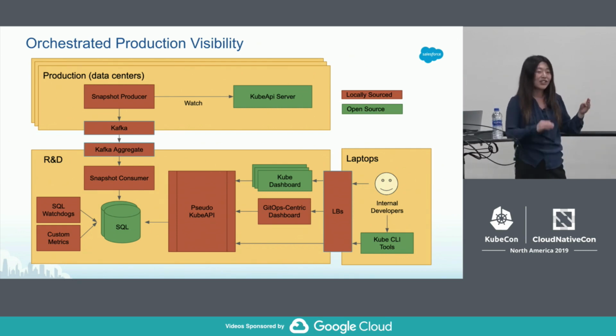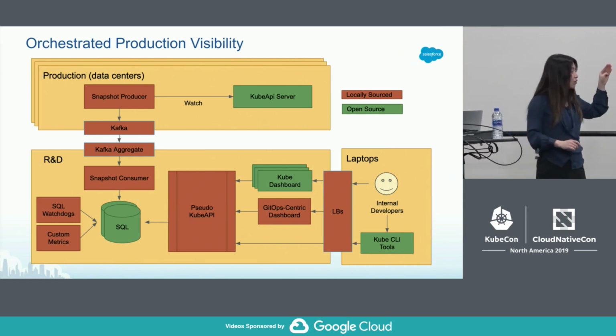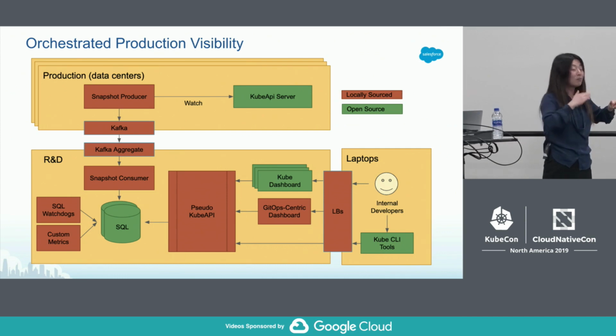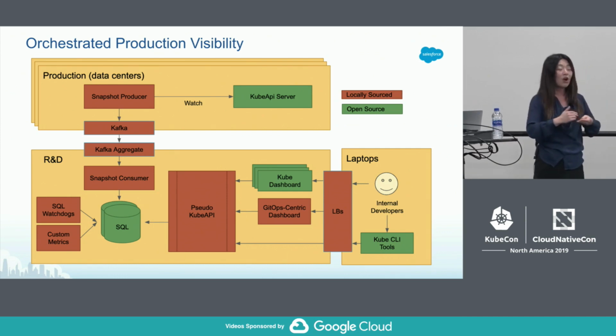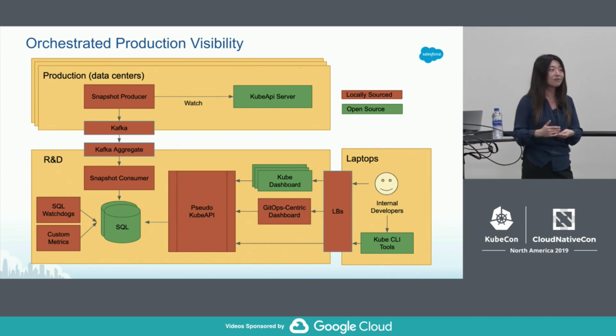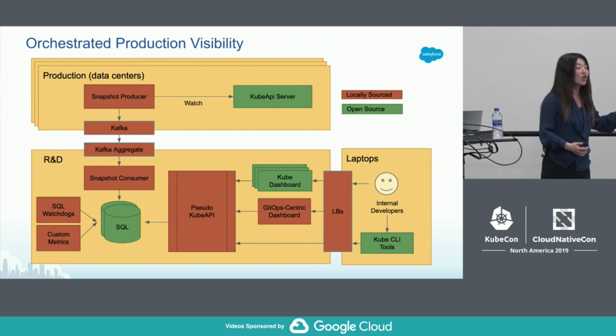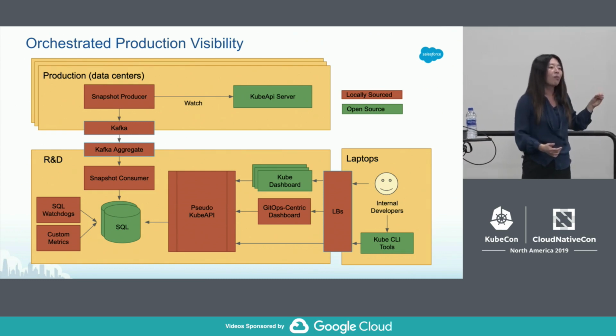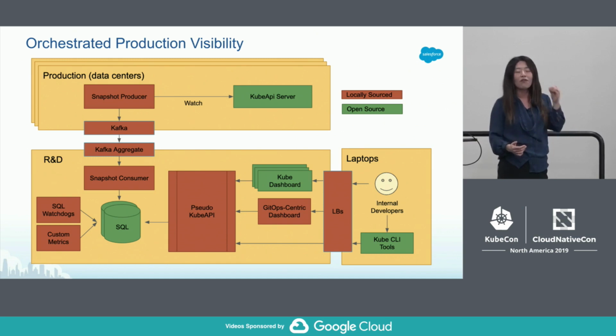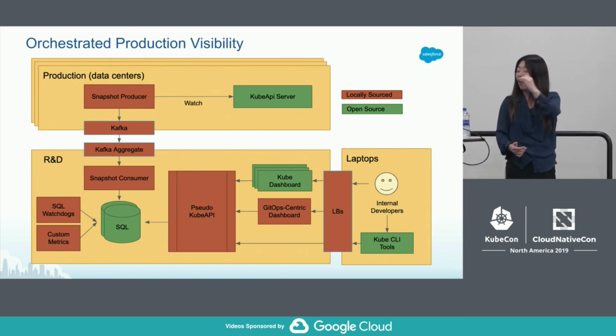It ships all the state of the current Kubernetes resources from production through Kafka into the R&D data center, where we set up a SQL instance. So in that SQL instance, you have a read-only copy of all the state of all the Kubernetes clusters of all the production data centers.